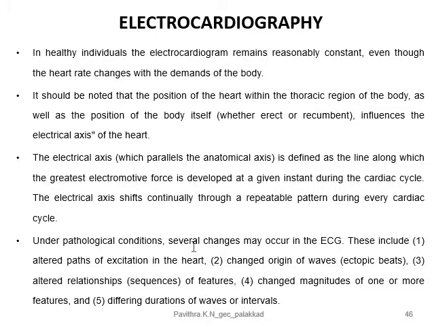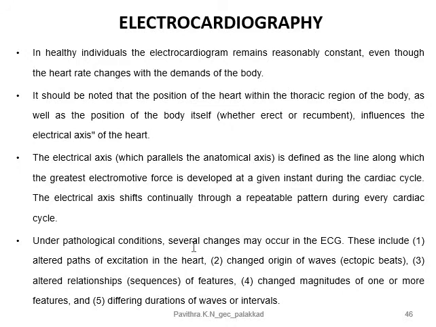The waves of beats originate from the SA node actually, but if there is a change in this origin of the beat, for example if you are implanting an artificial pacemaker, then some pathological conditions or differences in normal functioning may occur. Third, altered relationships of features. Fourth, change in magnitudes of one or more features. Fifth, differing durations of waves and intervals. The fourth and fifth conditions I have discussed before, that is, changes in amplitudes and time periods of the different peaks of the ECG.